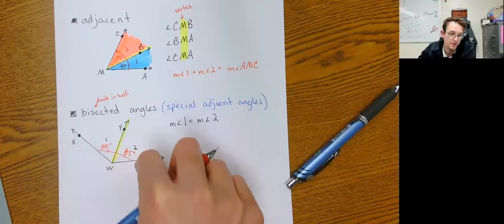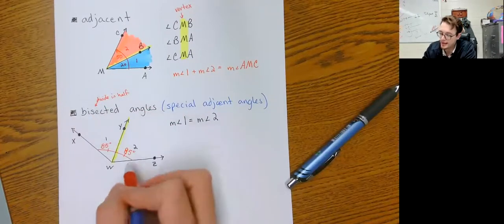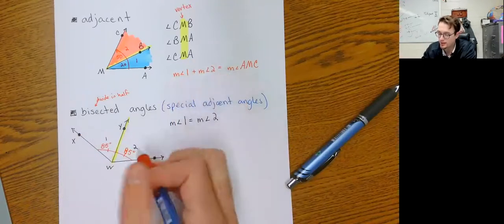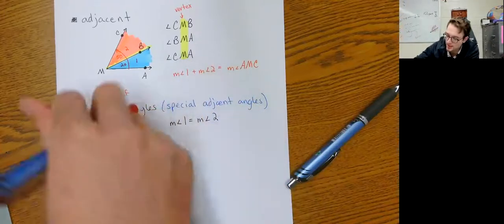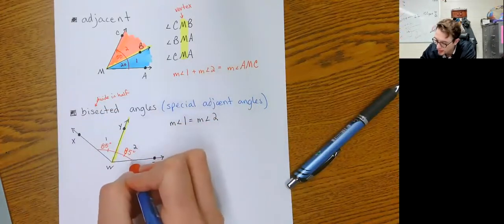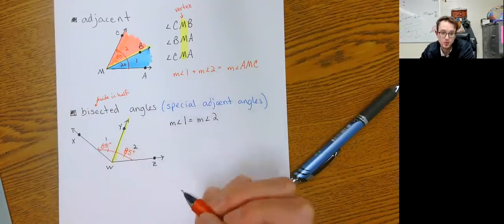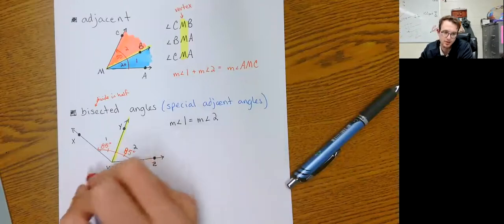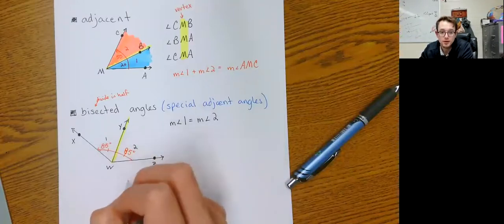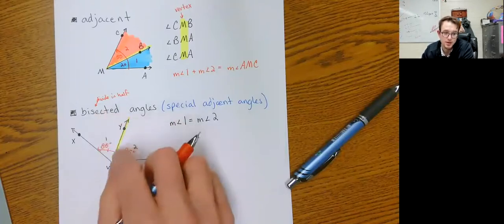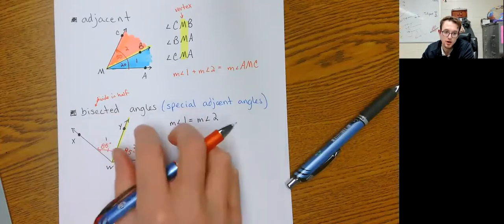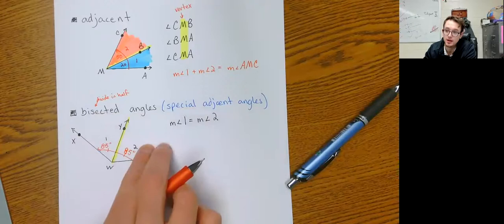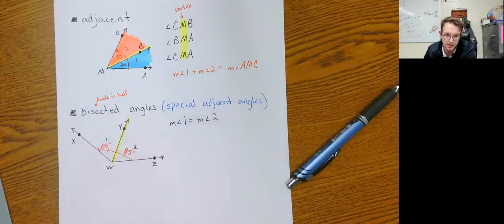Using the angle addition postulate, if this piece is 85 and this piece is 85, then the whole thing would be 170 degrees, which isn't drawn to look like 170 degrees, but the point is that it's bisected. So special adjacent angles are bisected angles, where the two adjacent angles are both equal halves because it's been cut in half.